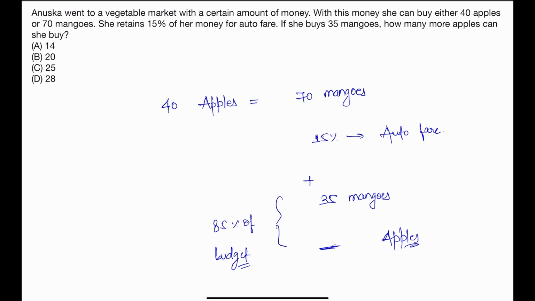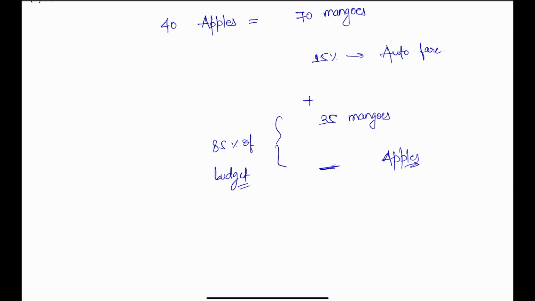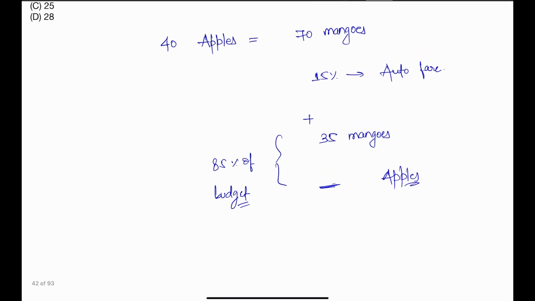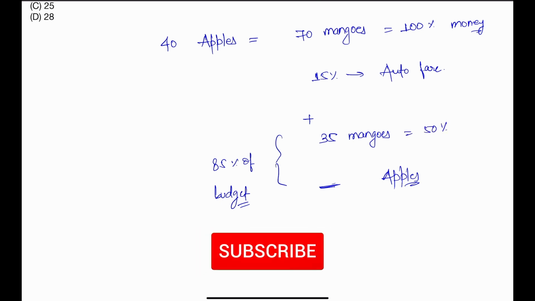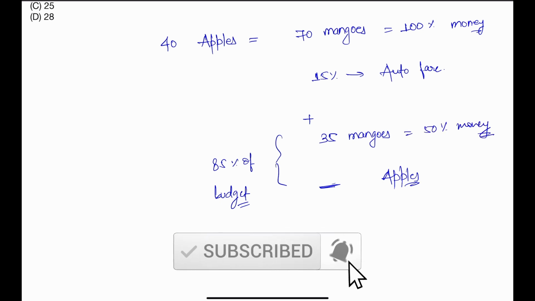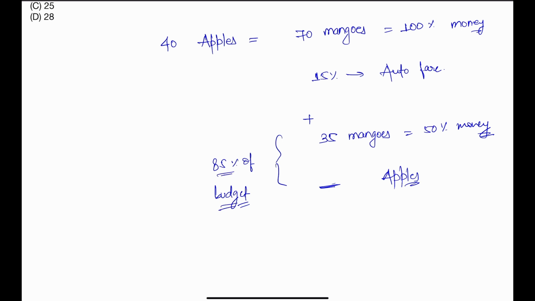So what I can see from here is, with 100% money, she can purchase 70 mangoes. So for 35 mangoes, she already finished 50% of money. Now 85% of money she has to purchase with, and 50% is already spent. So apples will be how much percentage? From 85, 50% already spent, so 35% is left for apples.